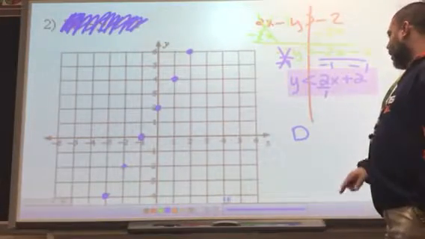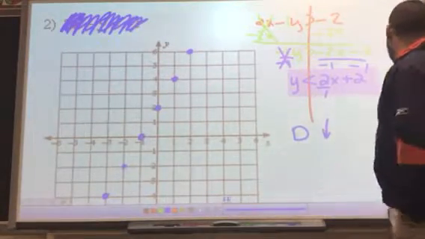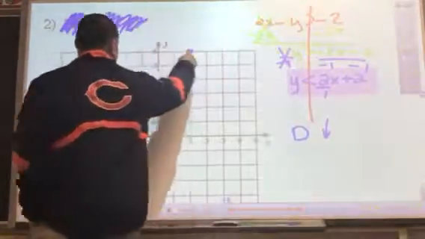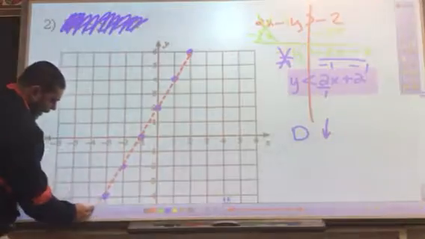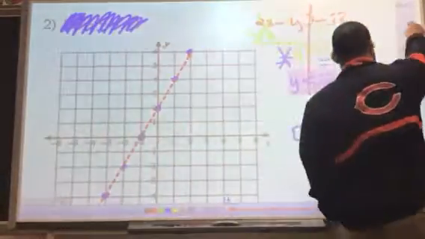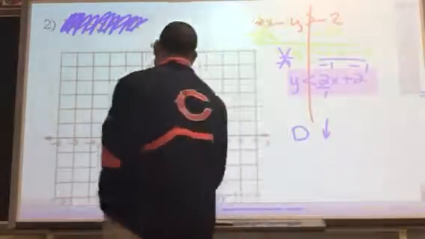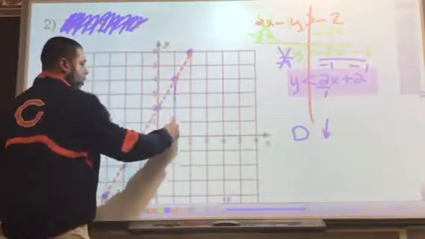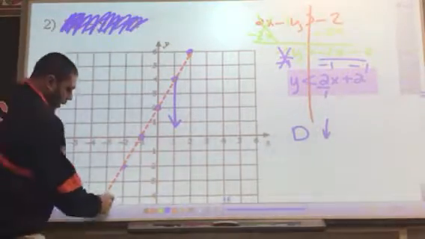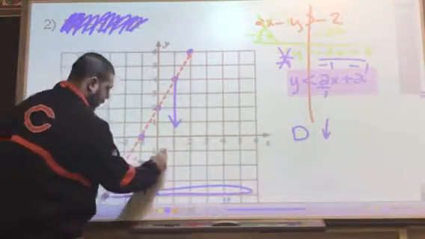That is a less than sign, so I should be shading down. So when I draw my line, I need to make sure that I am connecting these with a dotted line. And then for my shading, it's the bottom, so I'm going to draw an arrow down from my line somewhere. And that means all of this needs to get shaded in.